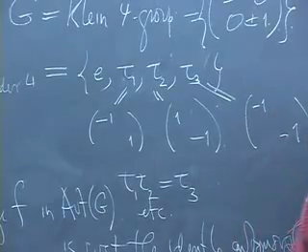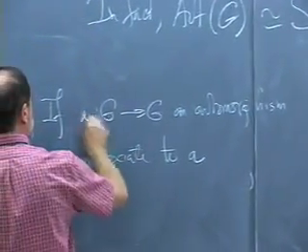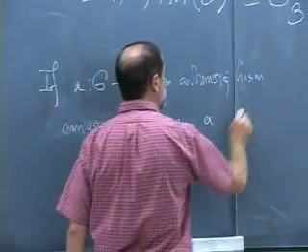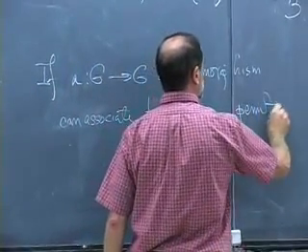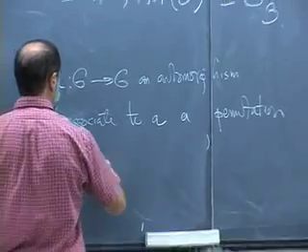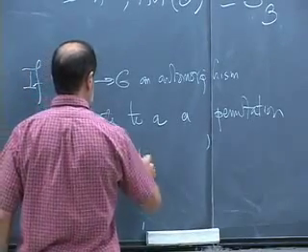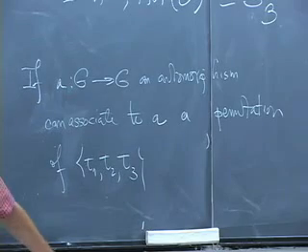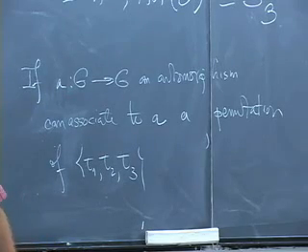I can associate to this automorphism, maybe I'll call it A so we don't get confused, a permutation of the set tau 1, tau 2, tau 3, which gives me an element in the symmetric group on 3 letters. Very good.